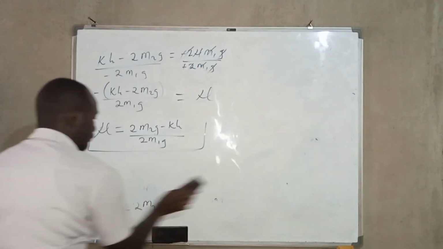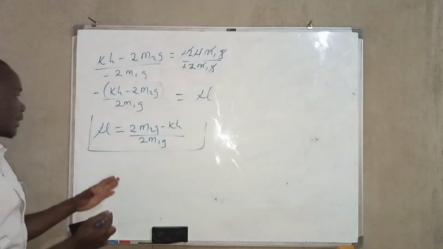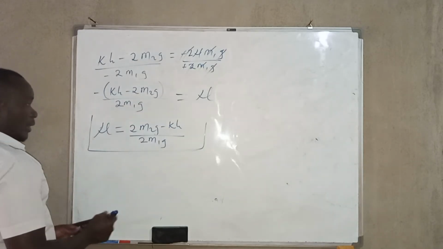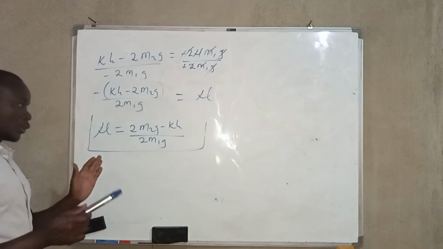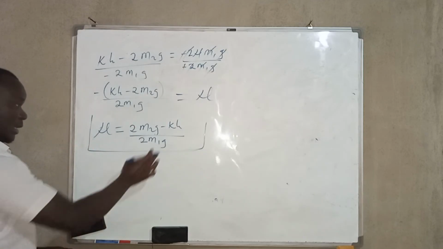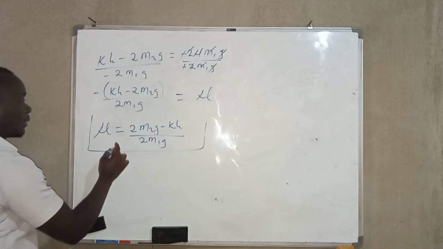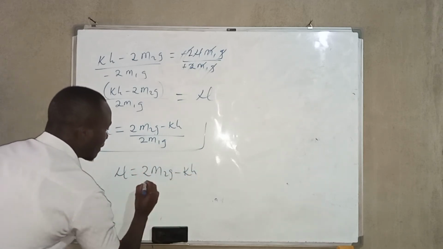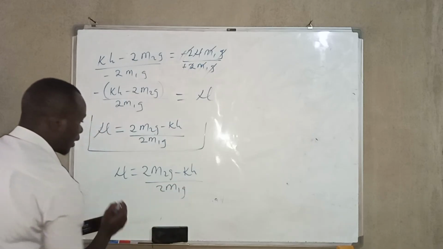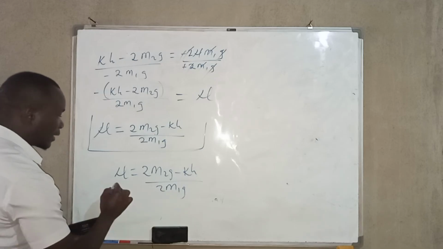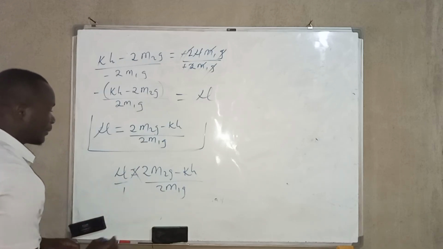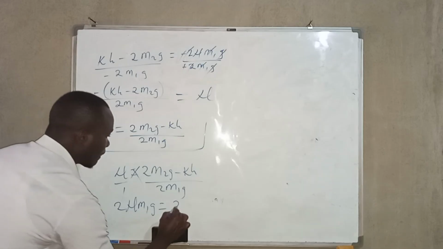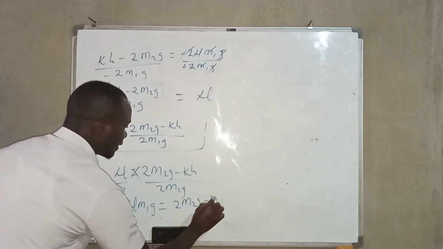In an event that you are asked to find m2, m1, or even h, what you need to do is just make what you are looking for the subject of the formula. For example, for m1, if we cross multiply, mu is equal to m2g minus kh over 2m1g. To make m1 the subject, we cross multiply and have 2 mu m1g equal to m2g minus kh.